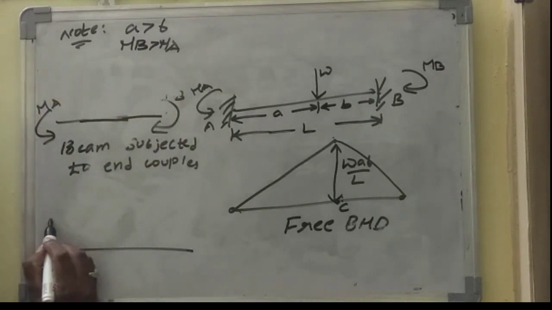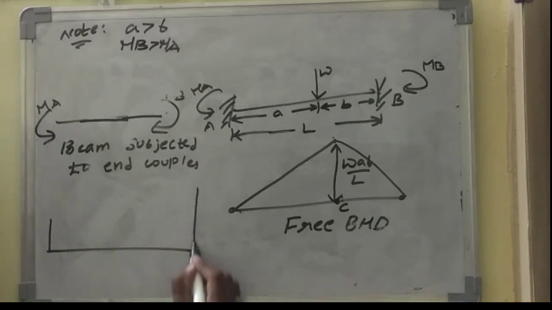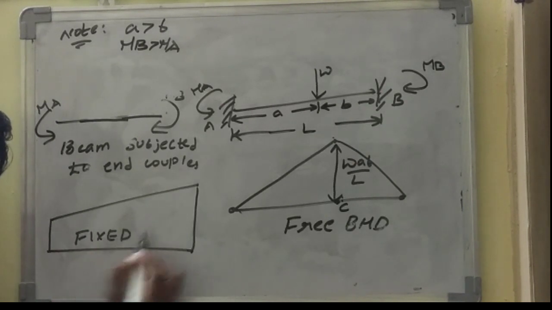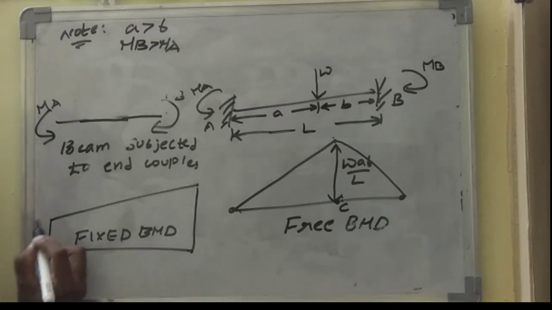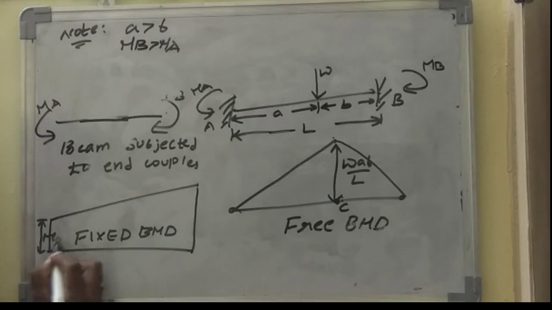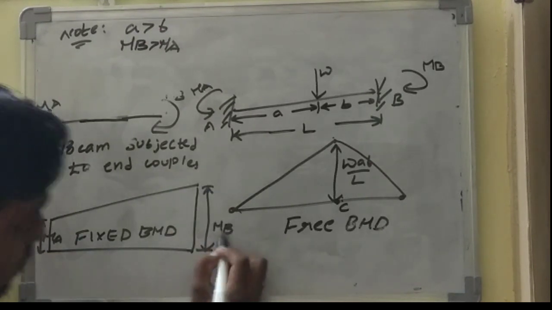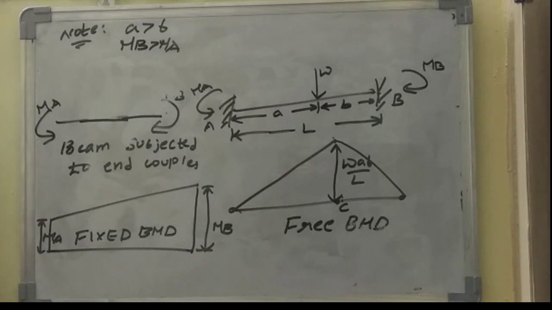MA is somewhat lesser than MB. So here you get it in the form of a trapezoid. So this is your fixed BMD. This is your MA value and this is your MB value. So you have to find out these two unknowns, MA and MB.